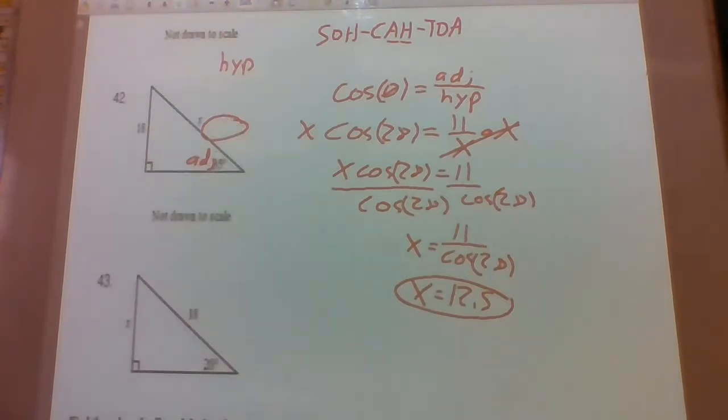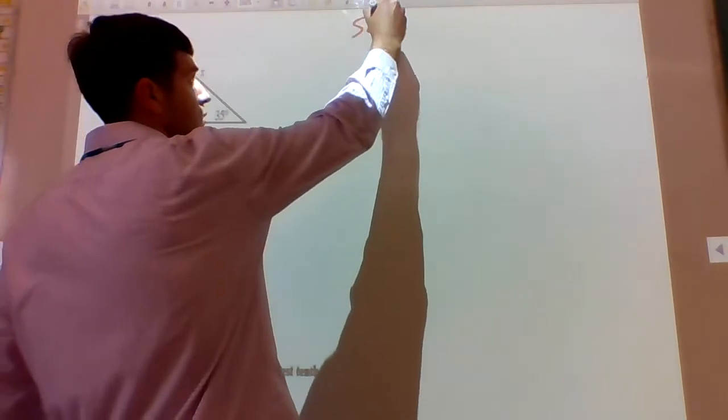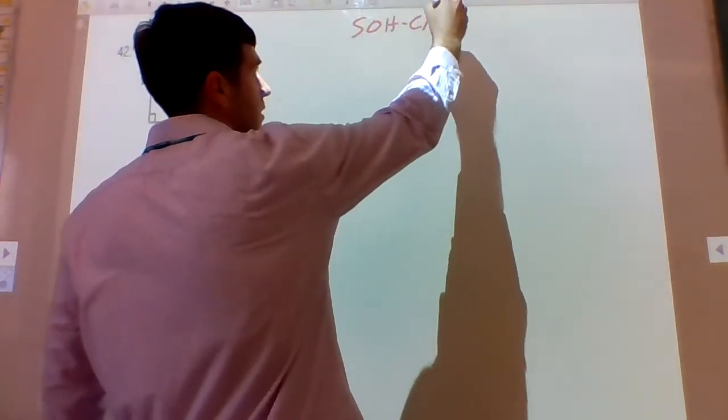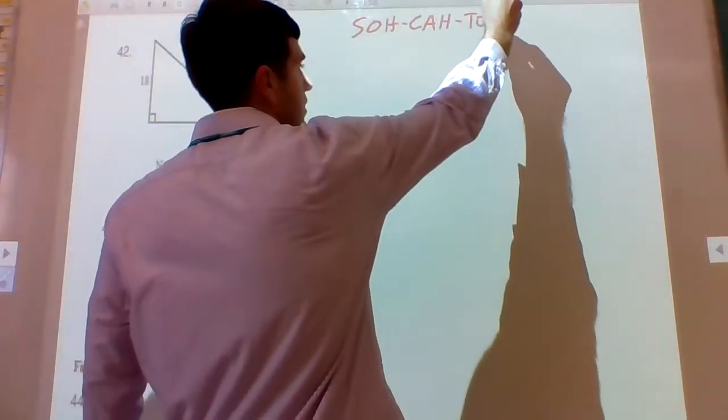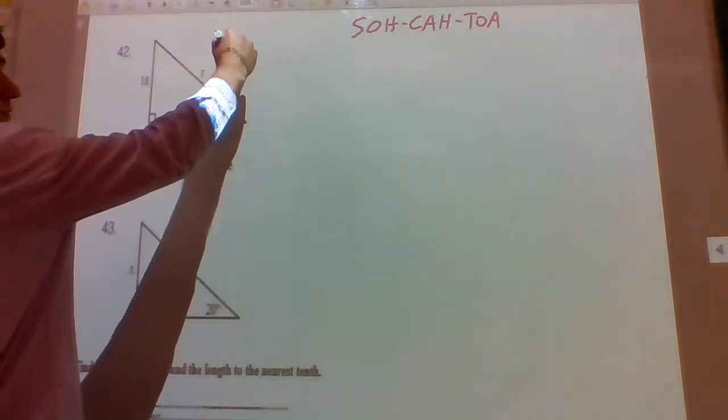Okay, 42. Similar, very similar. Let me write SOHCAHTOA up there again. SOHCAHTOA. So we want to label our hypotenuse first. The x is the hypotenuse.